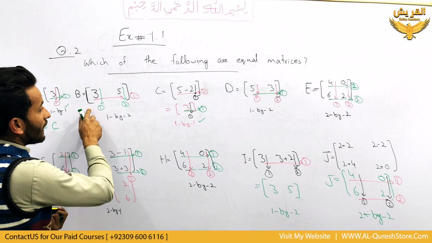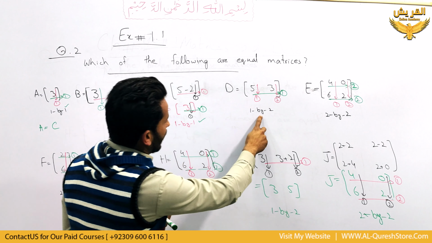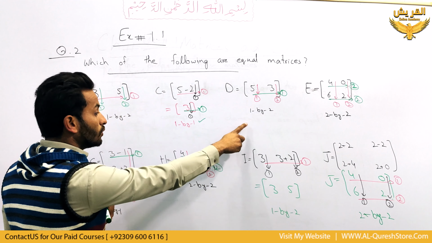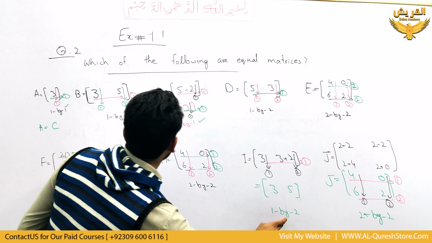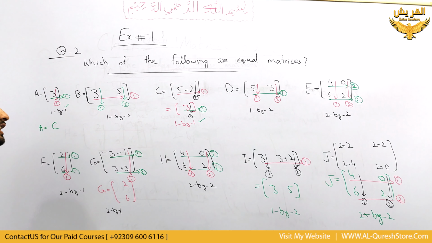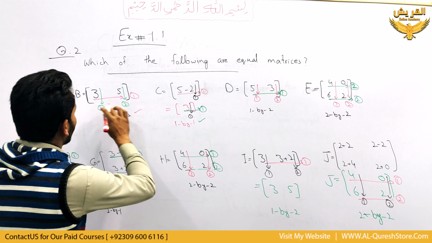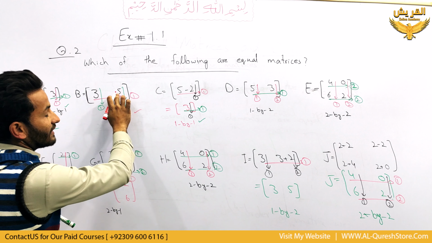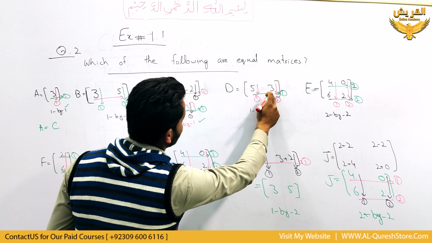Next, see the B matrix which has order 1 by 2. This matrix has also order 1 by 2 and the next one 1 by 2. We have three matrices having order 1 by 2. Look at these matrices. First entry is 3 and second entry is 5. But in this matrix we have the first entry 5 and next entry 3.